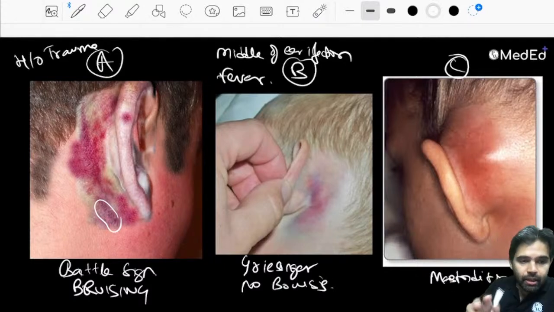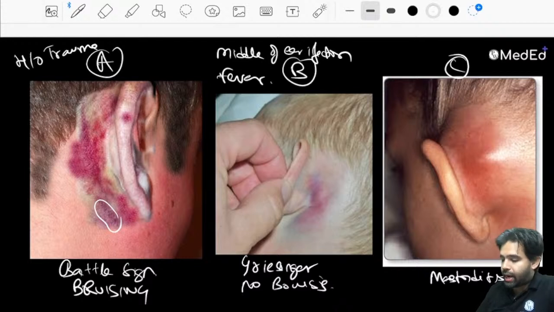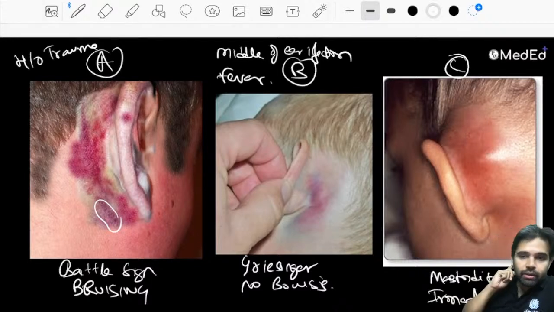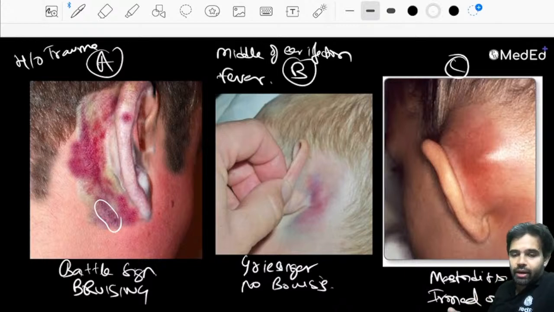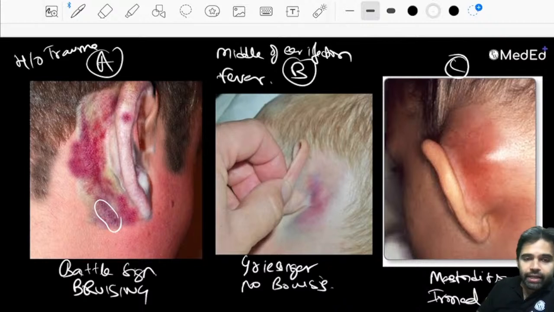You will see this little bluish discoloration behind, and in mastoiditis you'll see a very ironed out crease. You won't see the post auricular crease. It's ironed out. It's a child, and there is an acute pain, and there is history of recent infection. So B and C will give an infective history, and A will give a history of trauma.